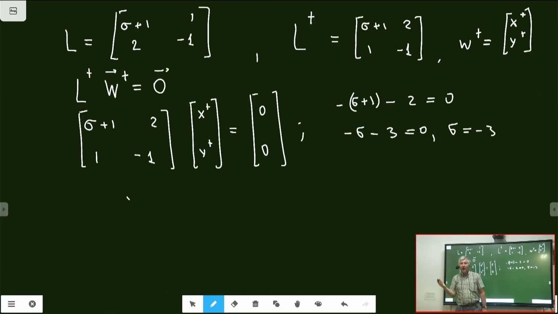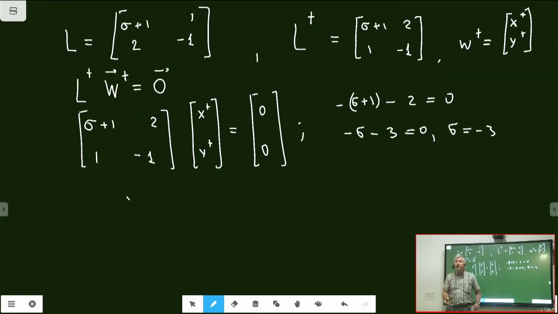This is not a surprise because there is a property: eigenvalues of the transposed matrix and the original matrix are the same. They must be the same. In this real case, if it is a complex conjugate matrix, then we would get complex conjugate eigenvalues. But here everything is real, so the complex conjugate is equal to the original quantity. So it is not a surprise.